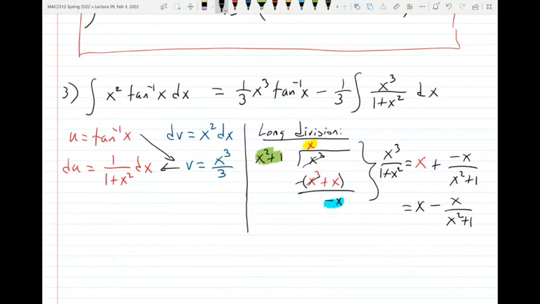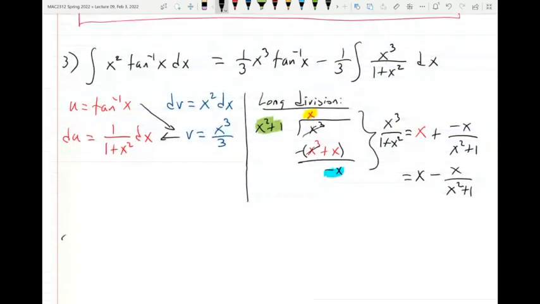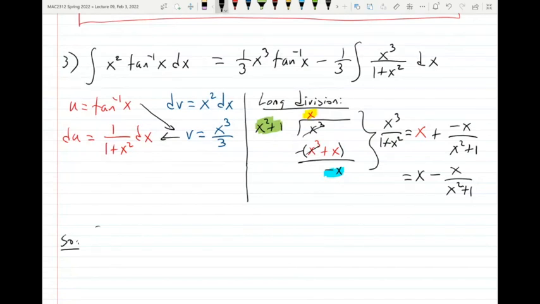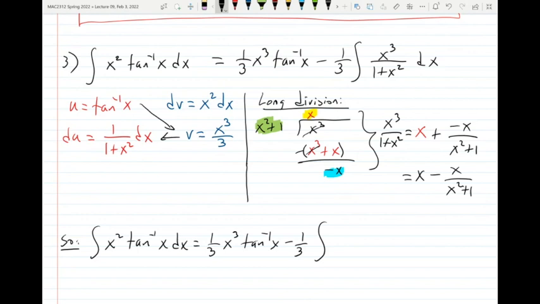Now, why is this helpful? Because now I replace that fraction with this one, and we know how to integrate this. The first one is an easy integral. The second one is a little u sub. So the integral of x squared inverse tangent is going to be 1 over 3 x cubed inverse tangent minus 1 over 3 times, and instead of x cubed over 1 plus x squared, I'm going to write this.